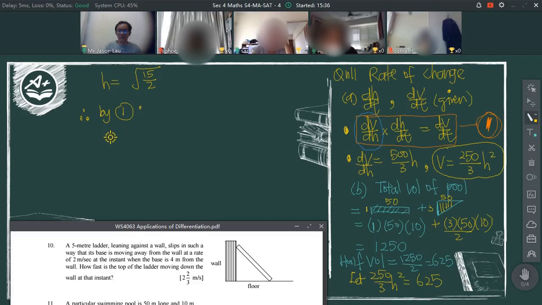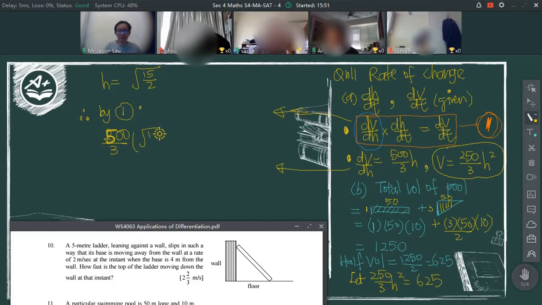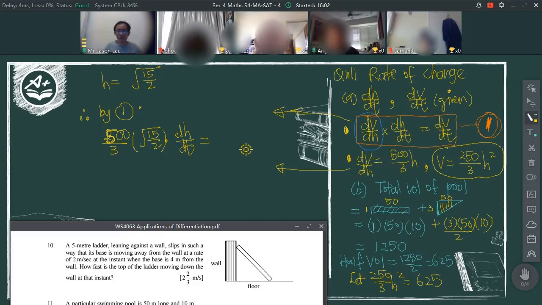Then you have dv/dh. dv/dh is here. Then the chain rule, 1 times h times dh/dt equal to dv/dt, which is 5.